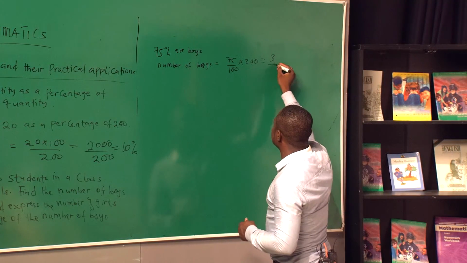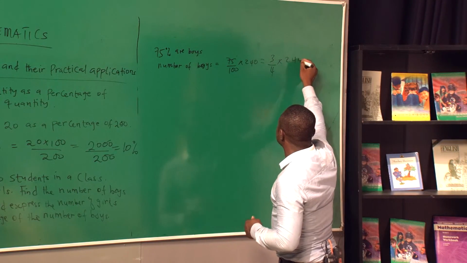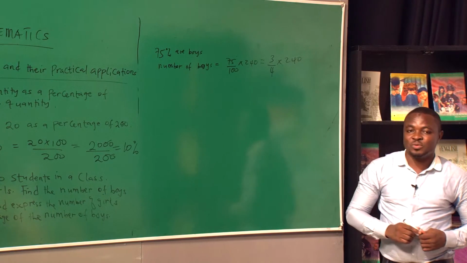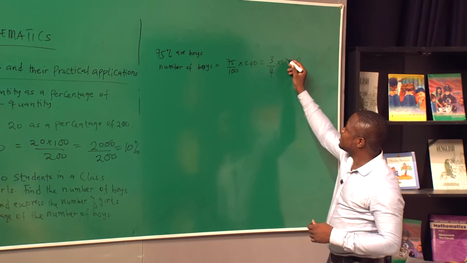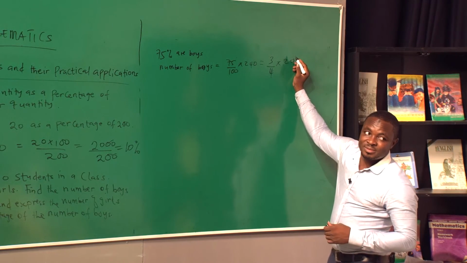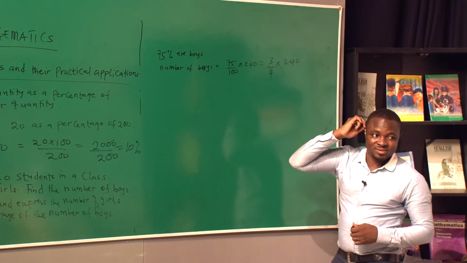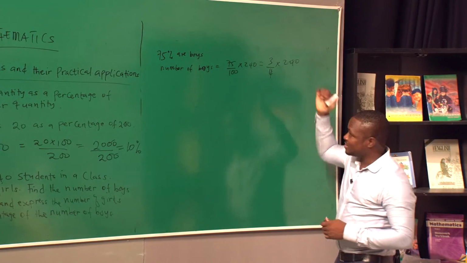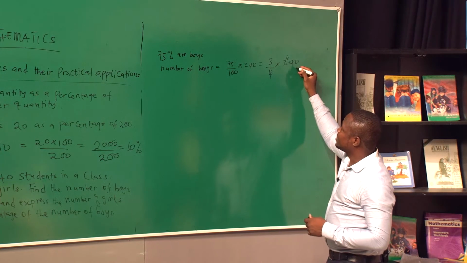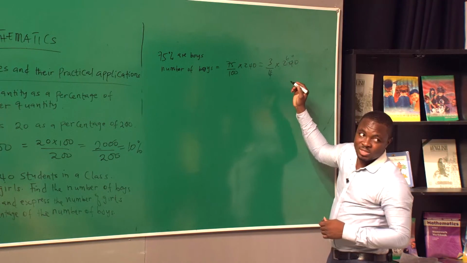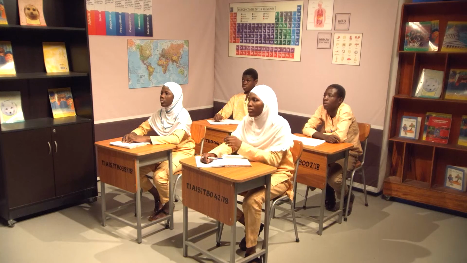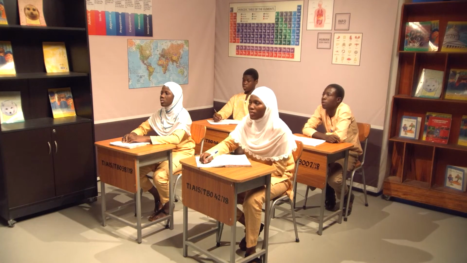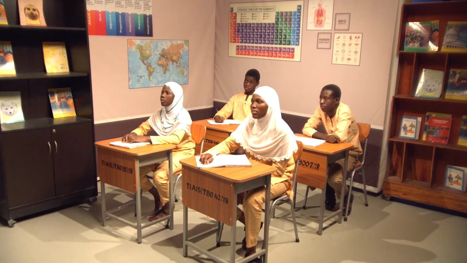Yes, that's good. 3 over 4 times 240, right? 4 into 24, you get 6. Okay? So the answer there should be 60. So you end up with 3 times 60. So what's the answer? 180. You have 180 boys. So the number of boys in the class are what?